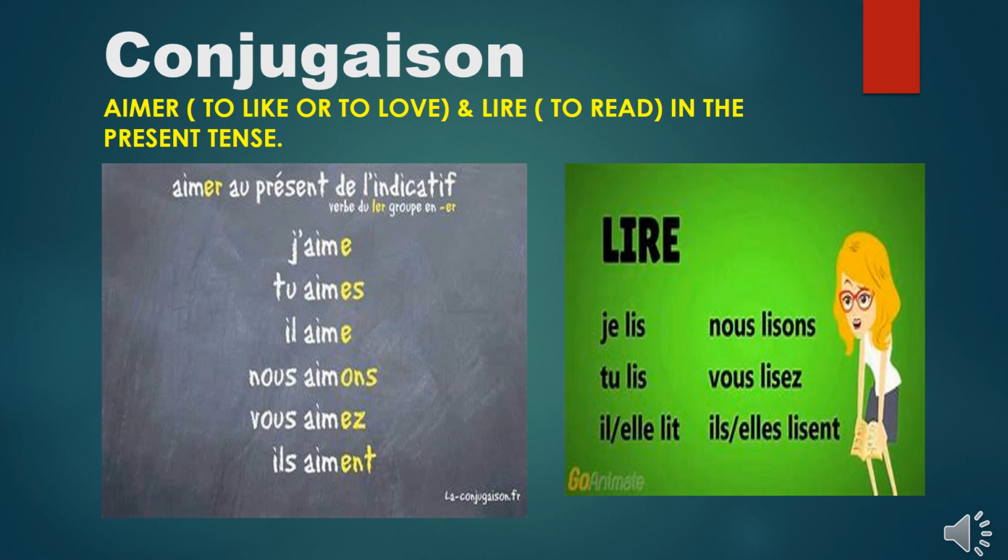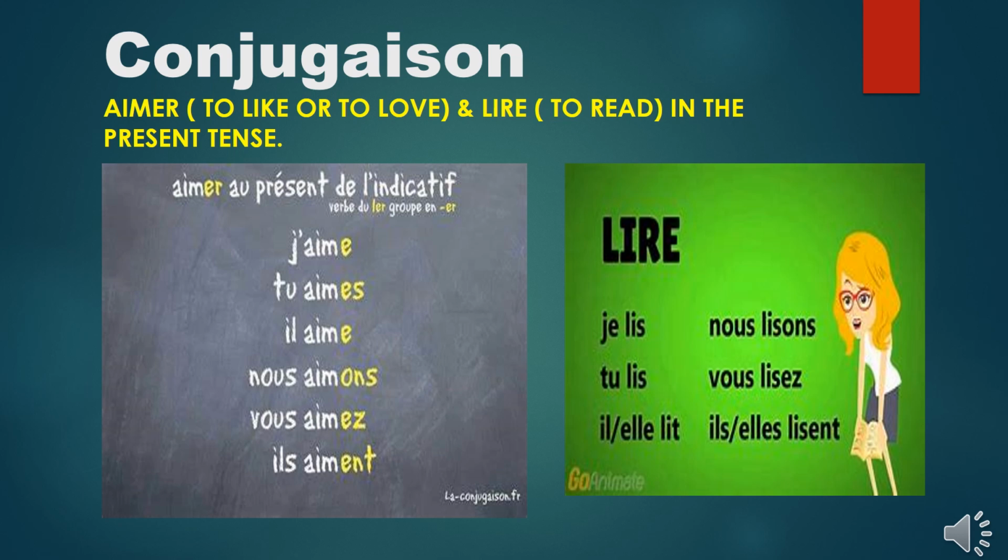Then for the second person singular, you remove the r and you add an s, but you pronounce it tu aimes. Repeat after me, tu aimes. And you realize that you do not pronounce the es. You pronounce just aim. It is tu aimes.